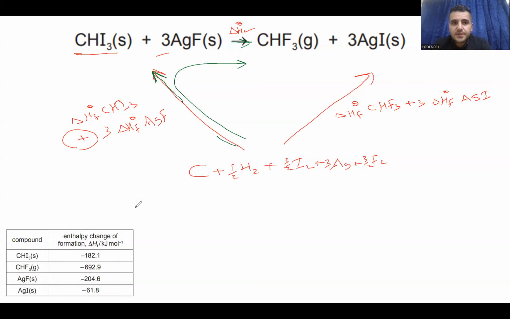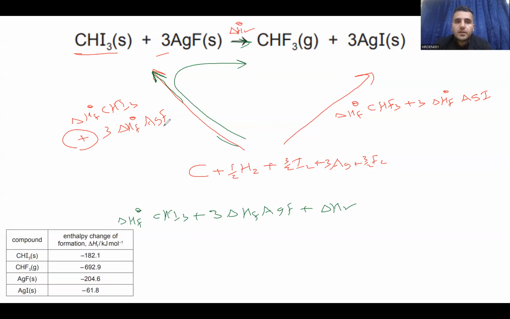So we can say that delta HF of CHI3 plus 3 delta HF of AgF plus, yeah, delta HR, right?